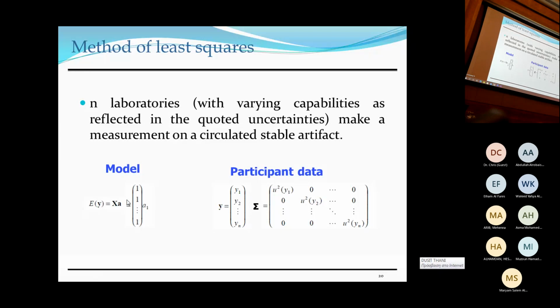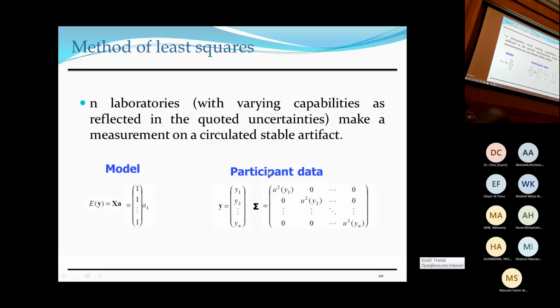Okay? So what this says, very simply, is that lab 1 has determined a value Y1 for A1. Lab 2 has determined a value Y2 for A1, and so on and so forth.